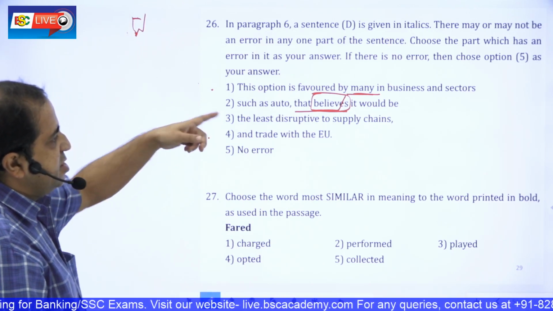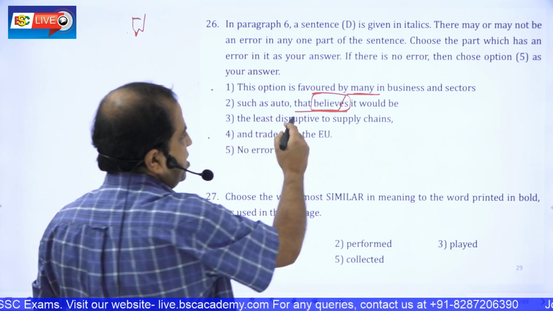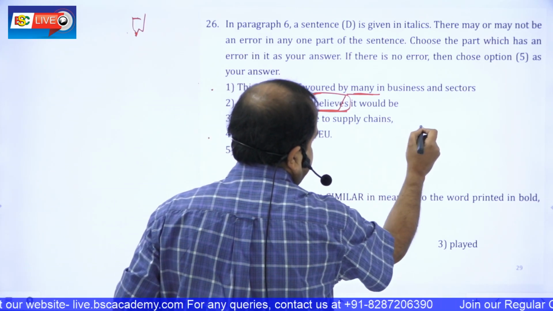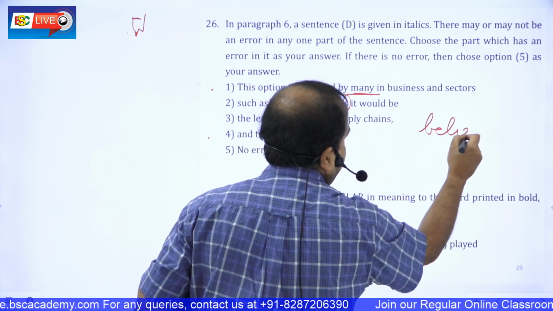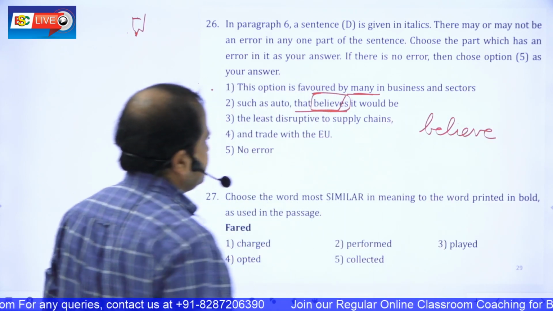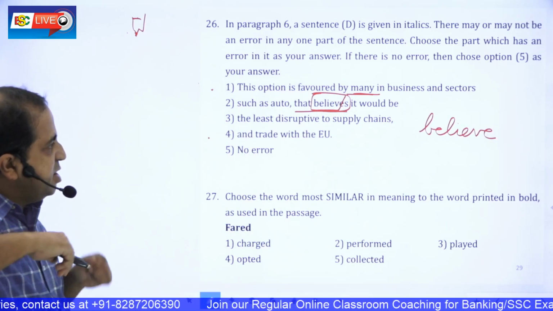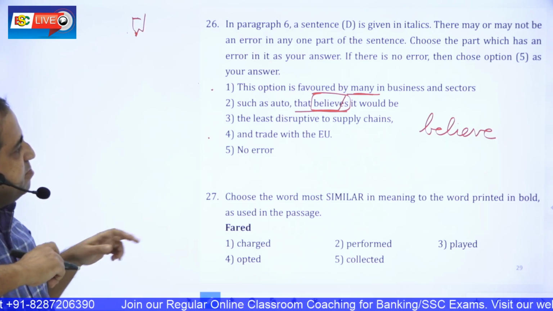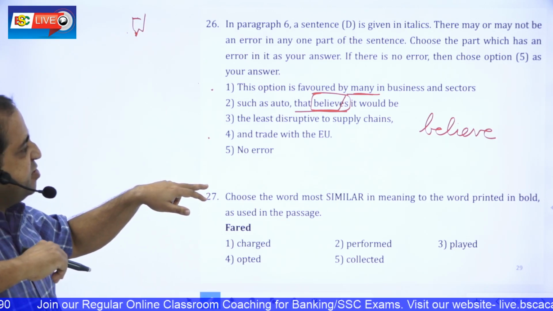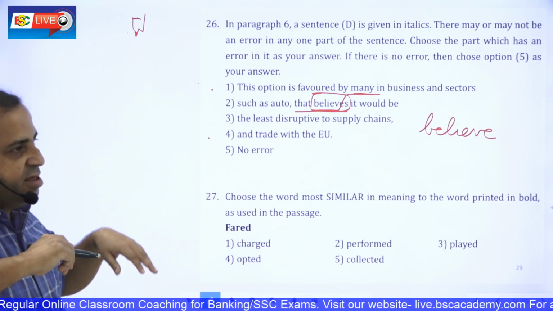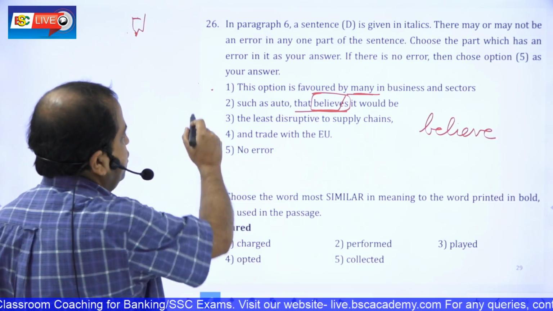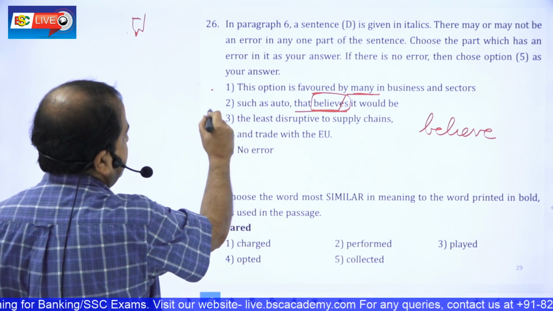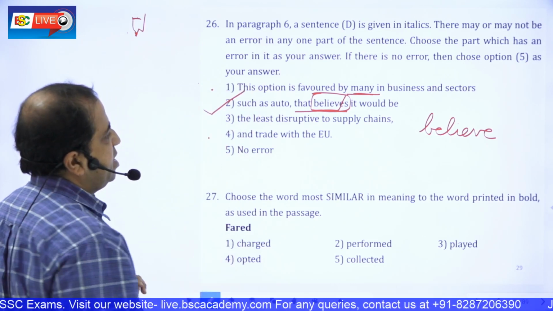Many in business and sectors such as auto that believe, not that believes. This option is favored by many in business and sectors such as auto that believe it would be the least disruptive to supply chains and trade with the EU. So 2 is the answer. Where is the error? In 2.